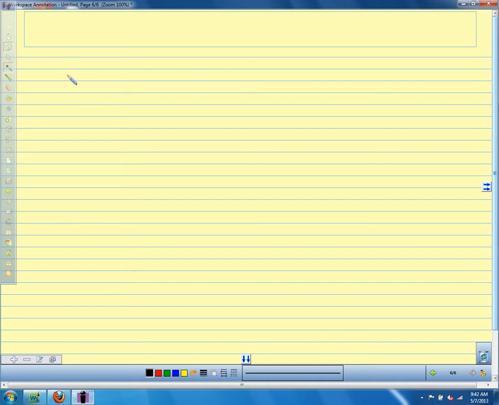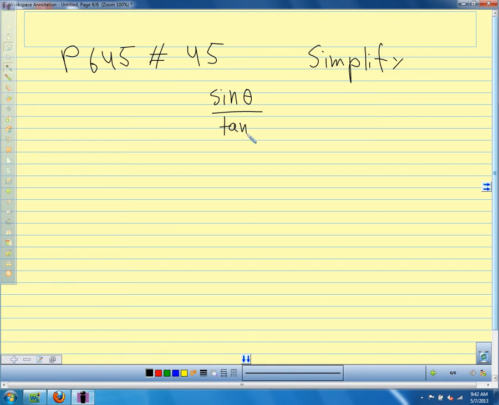So this is page 645, number 45. And what the problem asks us to do is simplify sine theta divided by tangent theta.